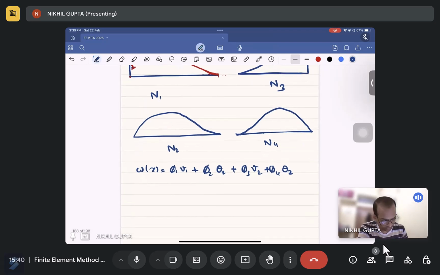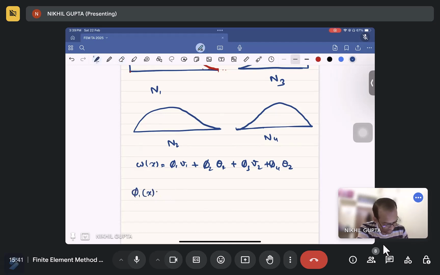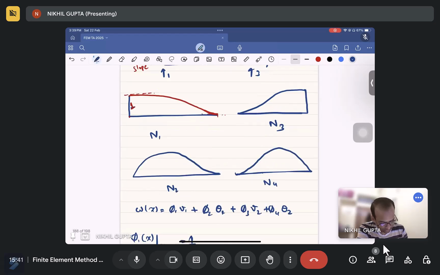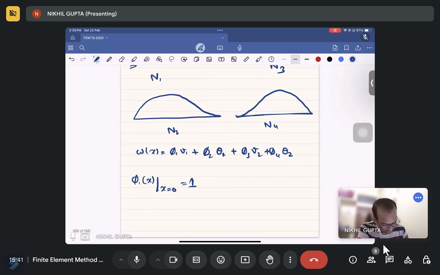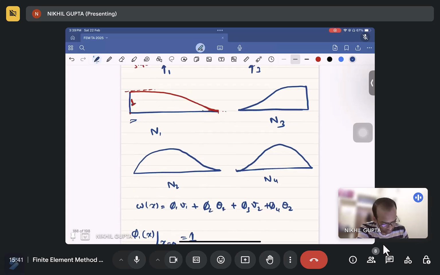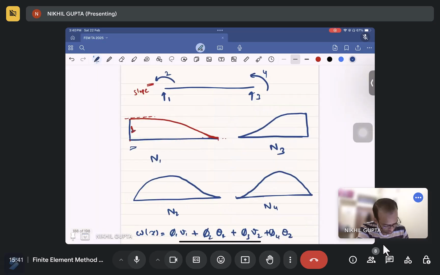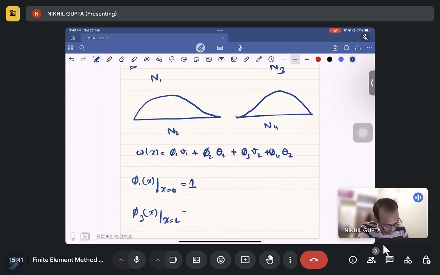Now since we know that phi 1 at x equal to 0 is equal to 1 according to this, then phi 3 at x equal to L is 1. The length is L. So at x equal to L it equals 1.